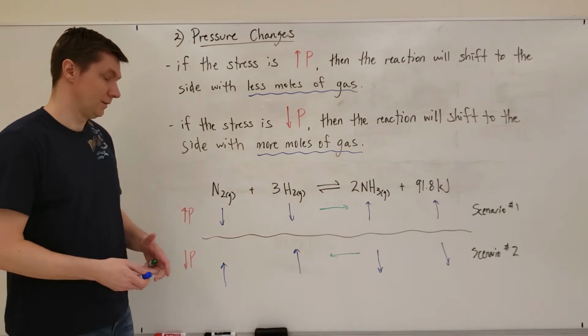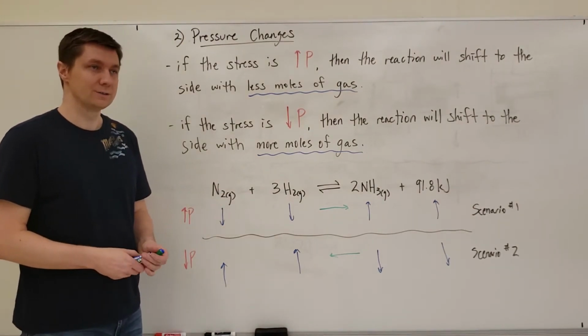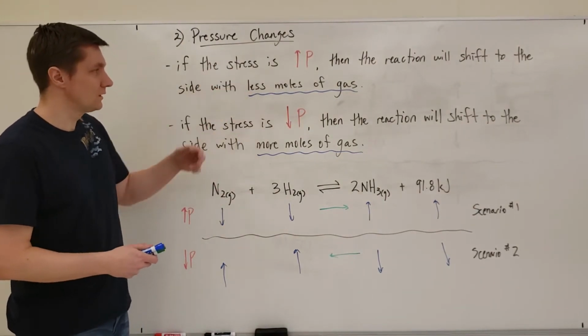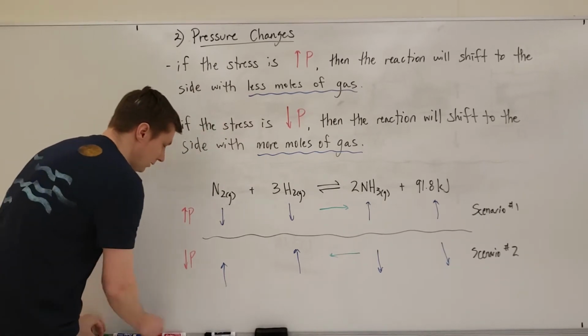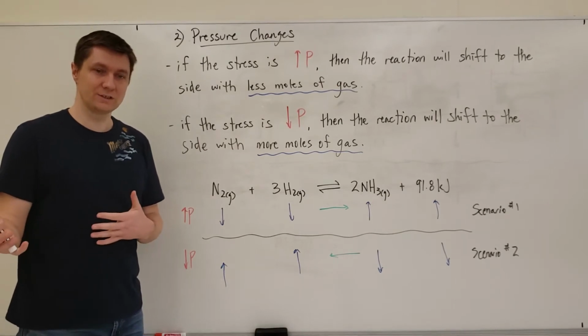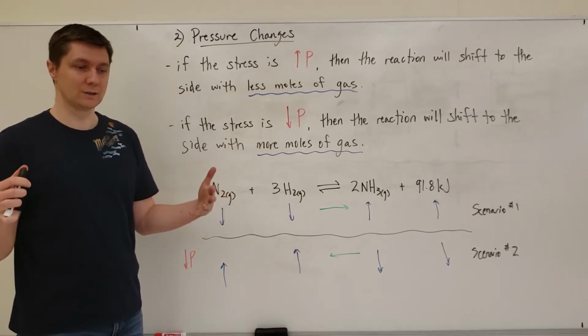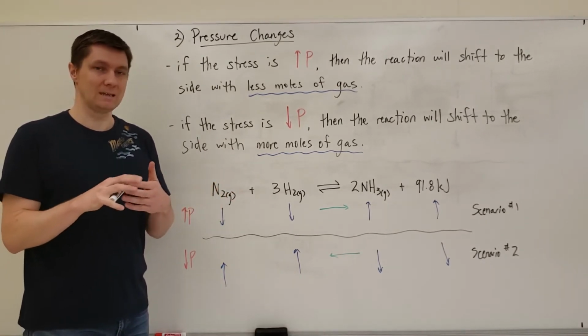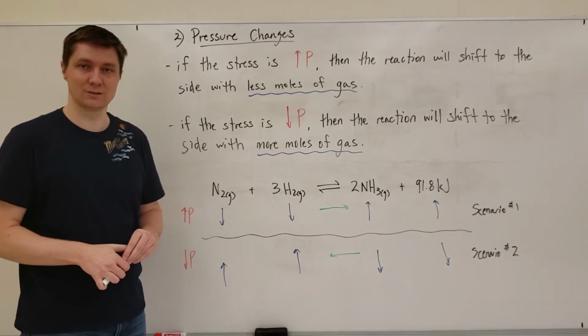And the thing about pressure is, why does it do this? You just have to think about a container. If you're increasing the pressure, you are making less space for the moles of gas to exist.